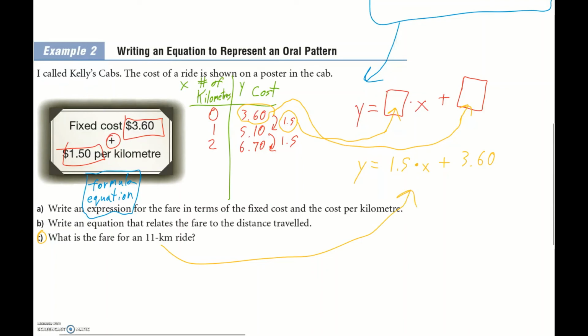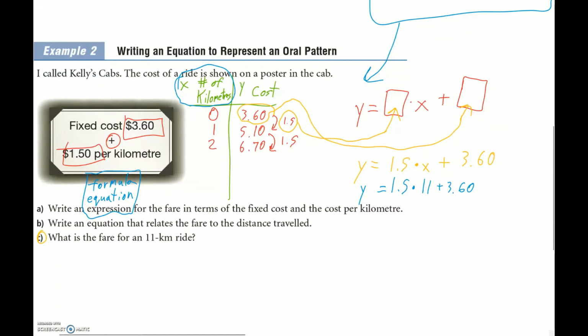Let's see if we can find that out without doing too much work. So for 11 kilometers, well, where do we put 11? Well, if we can remember back here, x is the number of kilometers. So we put 1.5 times the number of kilometers, which in this case is 11, plus 3.60.